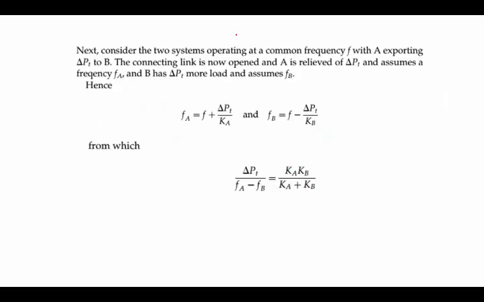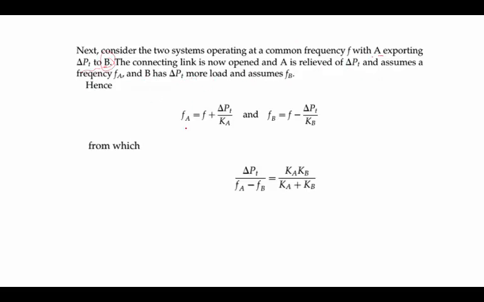Next, let's consider the two systems operating at a common frequency F, when A is exporting power delta PT to B. Now the connecting link is open. This is case B. The link is open and A is relieved of delta PT, and we assume frequencies FA and FB.